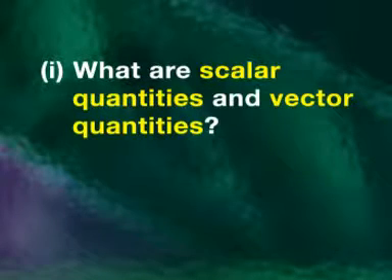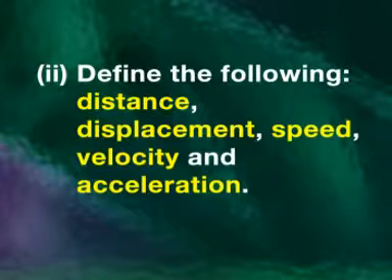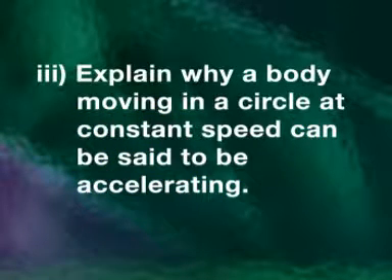What are scalar quantities and vector quantities? Define the following: distance, displacement, speed, velocity, and acceleration. Explain why a body moving in a circle at constant speed can be said to be accelerating.